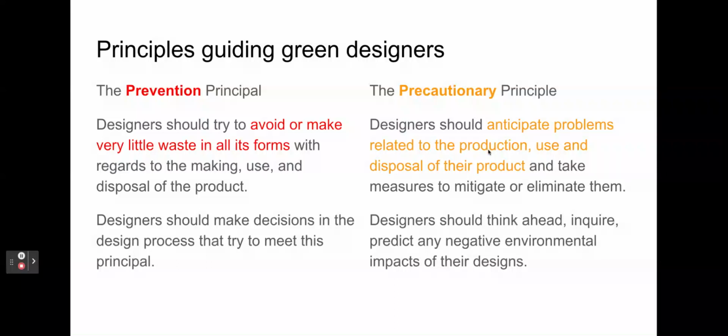So this might be things like transportation of the product to the consumer. And so you would take measures to mitigate or eliminate them. You might put your factory closer to where the consumers are. So this takes a lot of thinking ahead and what's called future casting, to try and predict any negative environmental impacts. So those are the two principles you should be able to describe to do with green design.